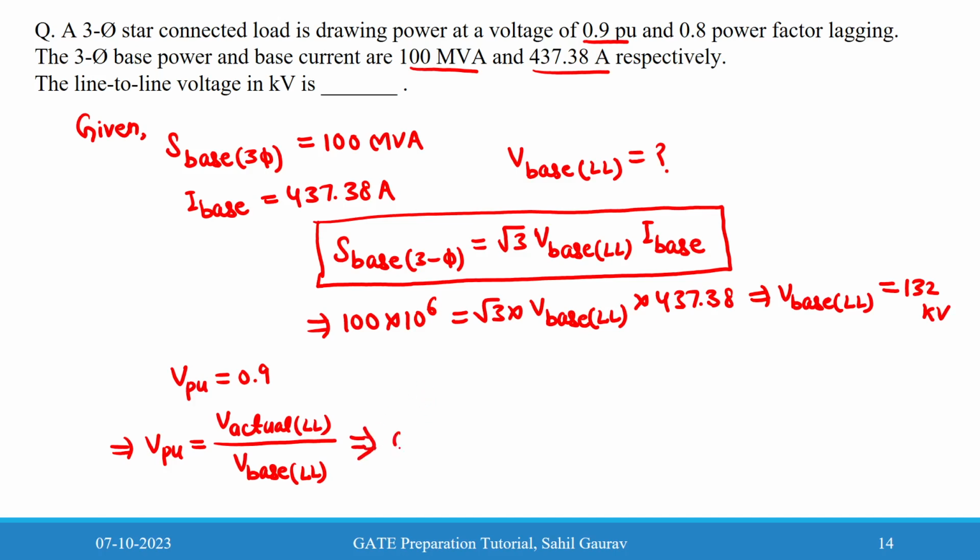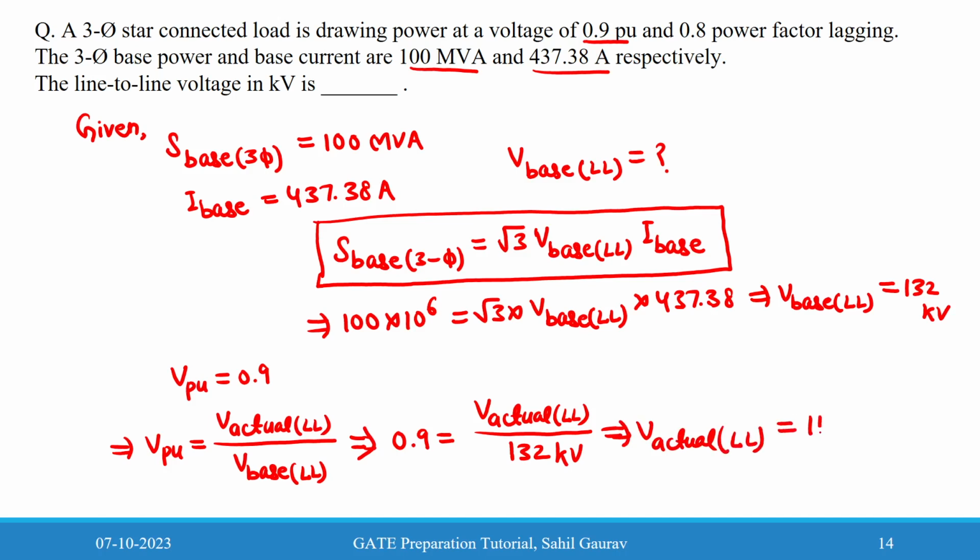So it will be 0.9 equals the actual voltage divided by the base value, 132, which we have found here. So V actual LL will be 118.8 kV. This is the answer: 118.8 kV.